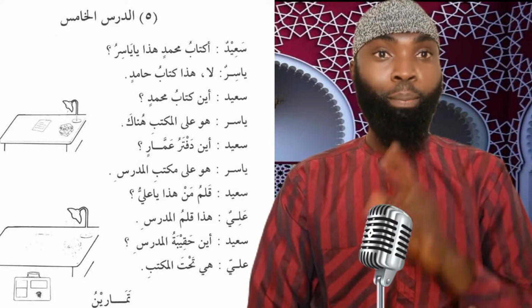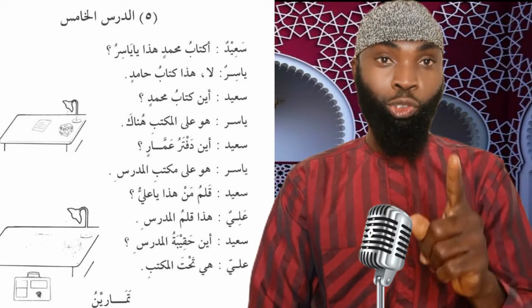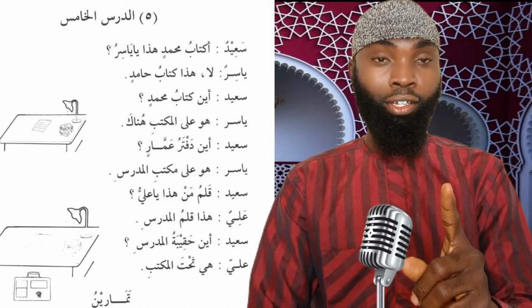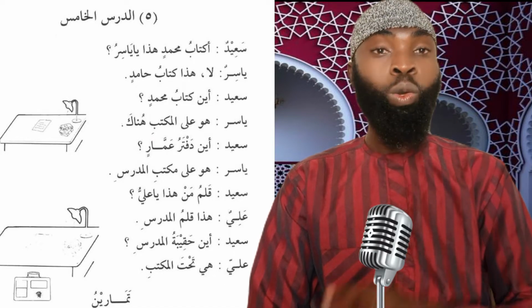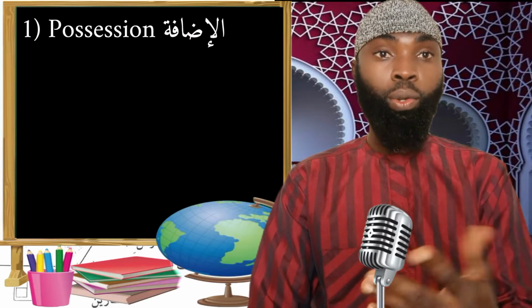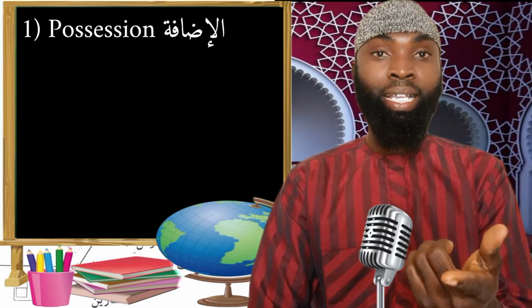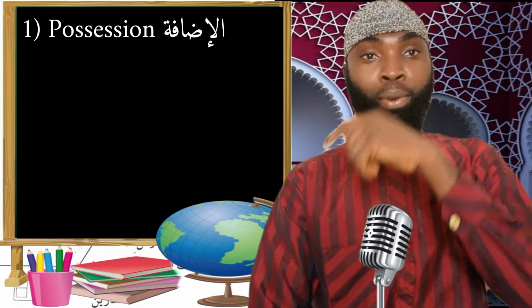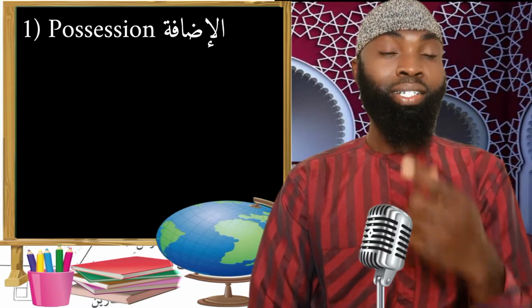If you follow us from the beginning of this lesson to the end, you are sure going to learn the following. Number 1, you will learn what possession is in the Arabic language. We know in the English language we have possession, where we have possessor and the possessed, whereby we can simply say Muhammad's book, meaning the book belongs to Muhammad.